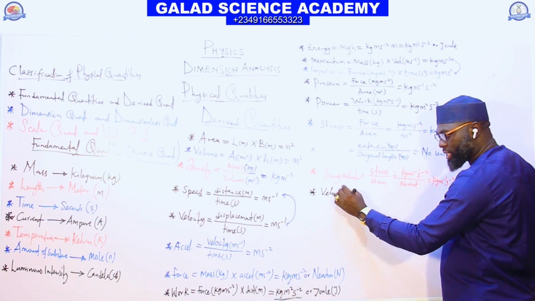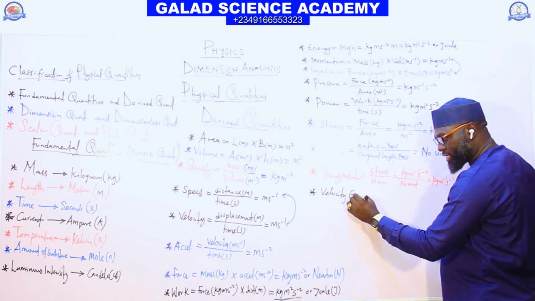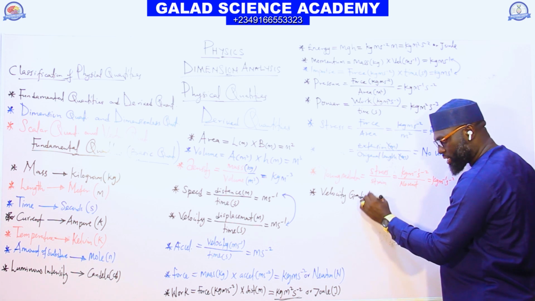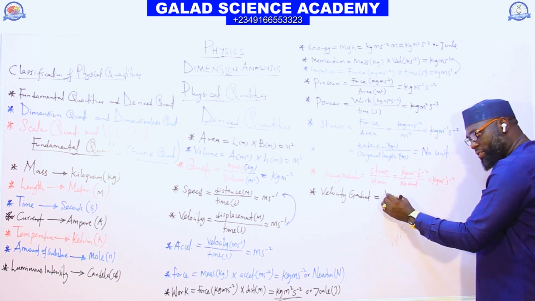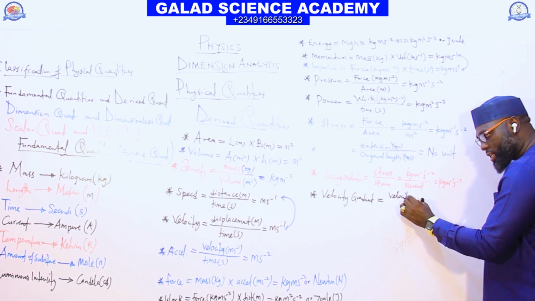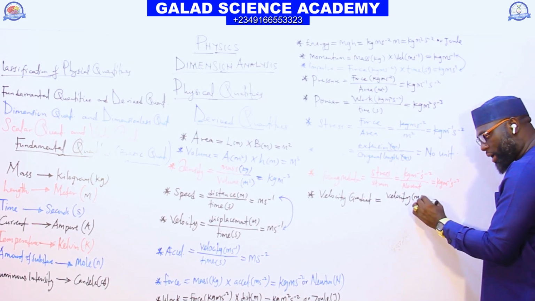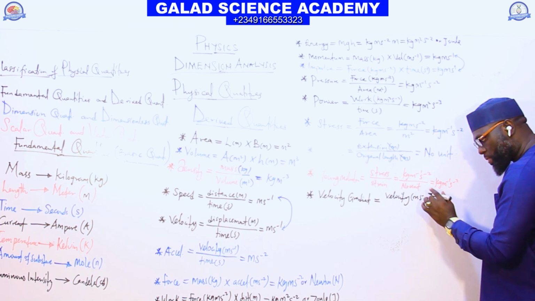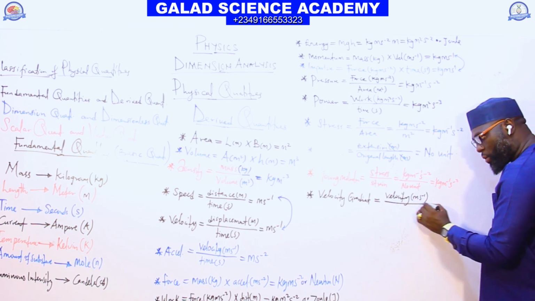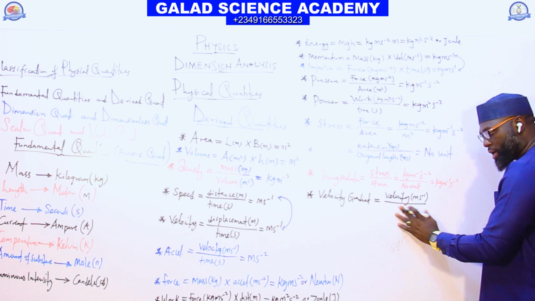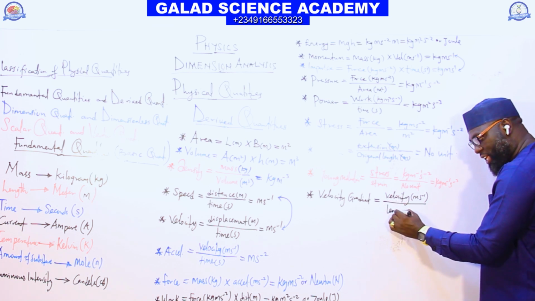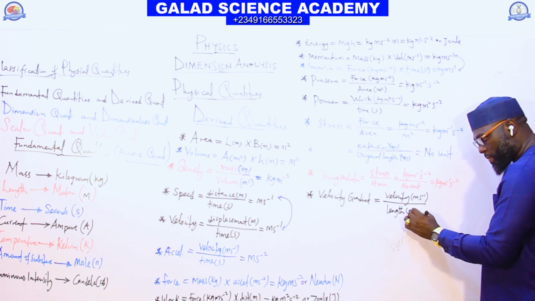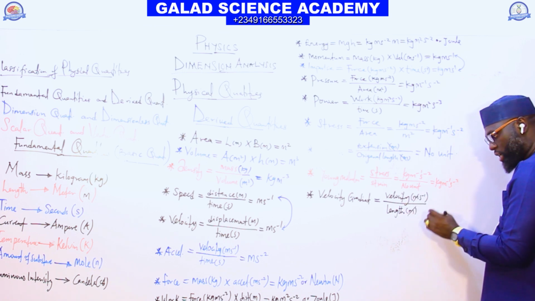The next one is velocity gradient. So velocity gradient is velocity, which is meter per seconds, over meter. Velocity gradient is velocity over length. The meters cancel each other.